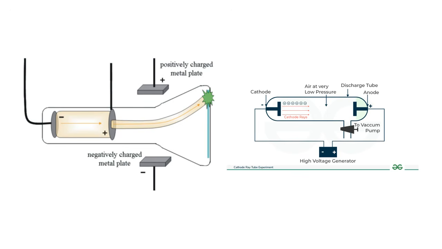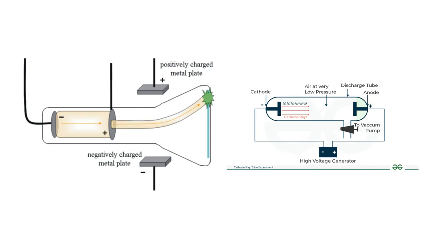We can also present it this way, where cathode rays were coming out from the cathode, that is the negative plate, and since unlike charges attract, most of the cathode rays were moving towards the positive direction.